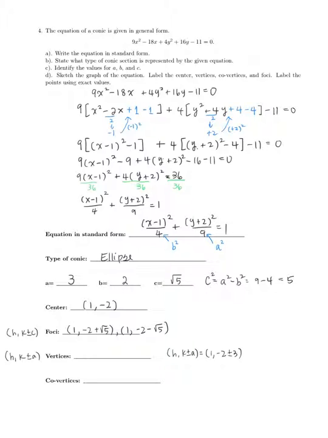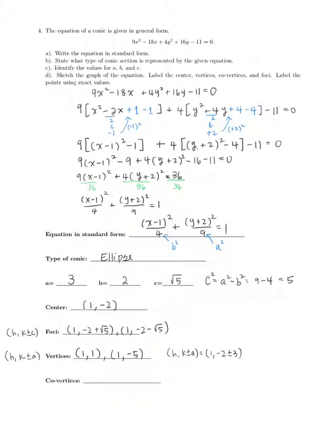So negative 2 plus 3 is 1, giving (1, 1), and negative 2 minus 3 is negative 5, giving (1, negative 5). Let me draw this out and see what is going on, because I need to find the co-vertices as well.